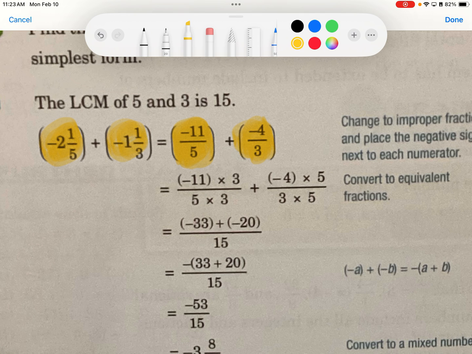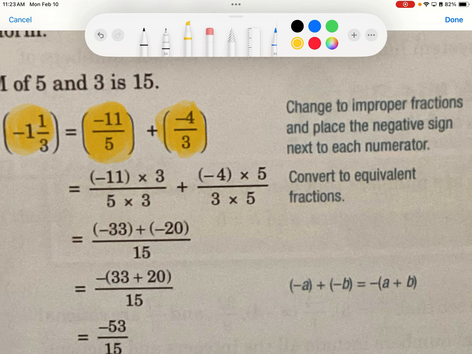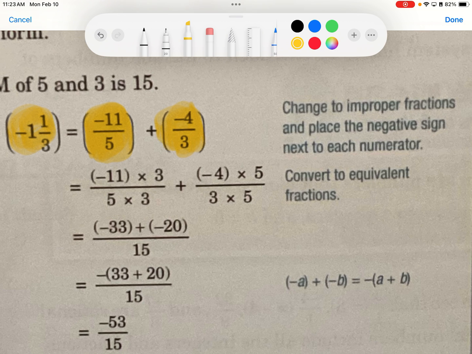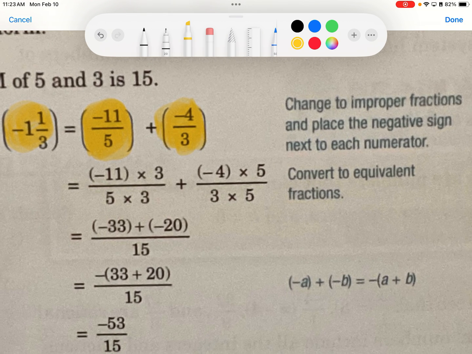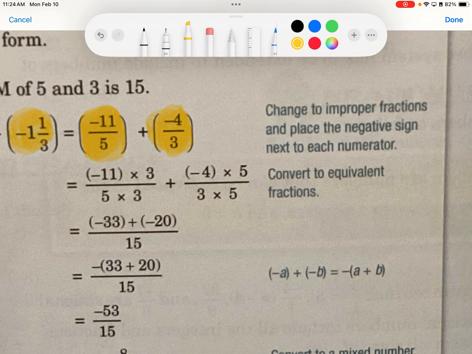Get it so far? So we need to make it such that the denominator is the same. So we're going to convert these two fractions to share the same denominator.